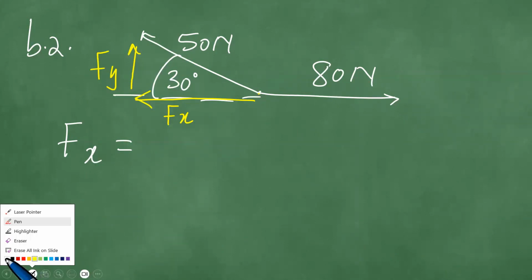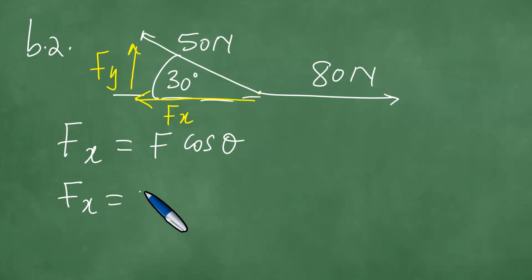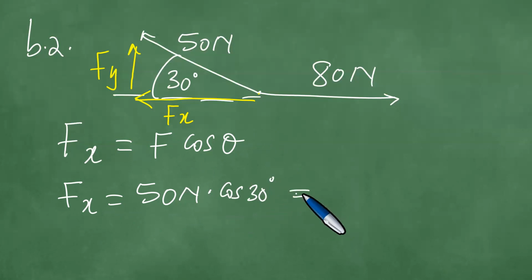Now how do we find the horizontal component? Fx is actually F cosine theta. That is the formula for the horizontal component. The force applied is 50 newtons multiplied by the cosine of 30 degrees. One uses a calculator for this, and 50 newtons times cosine 30 degrees is actually 43,3 newtons.